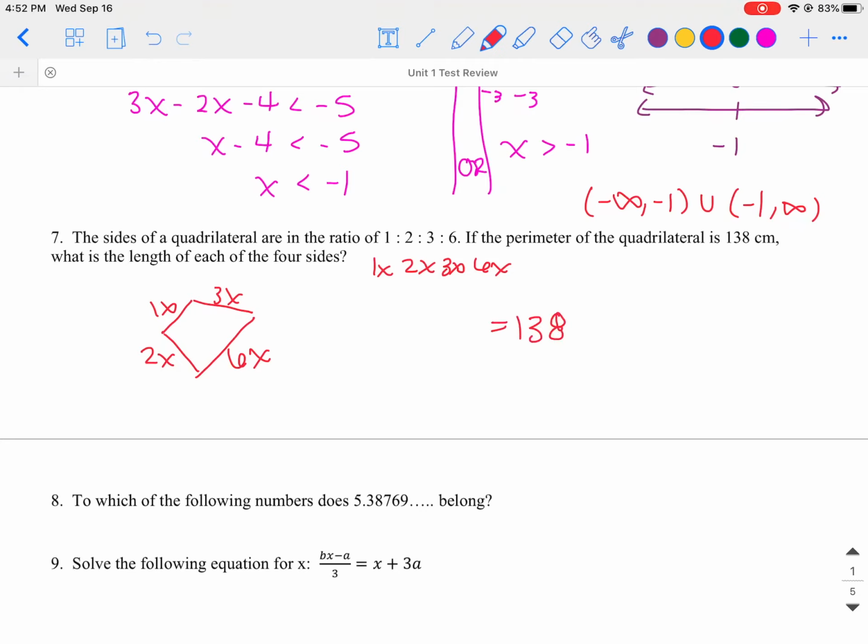So we would have 6, 7, 8, 9, 10, 11, 12x would equal 138. When you divide by 12, you get 11.5. So that means that this side would be 11.5 centimeters. It asks us to find all the sides, so you would just plug x back in to get all the sides.